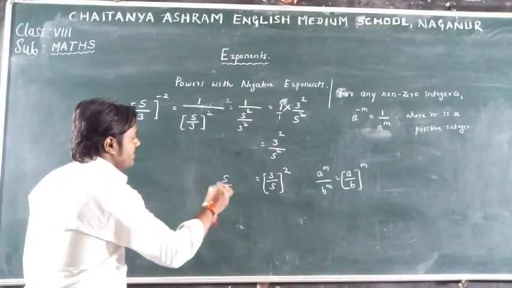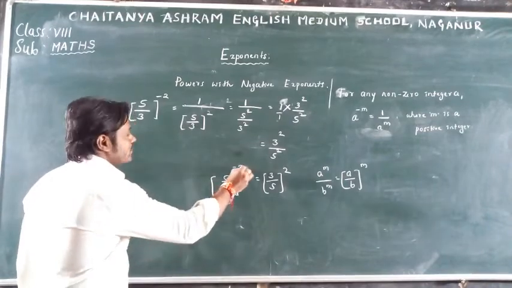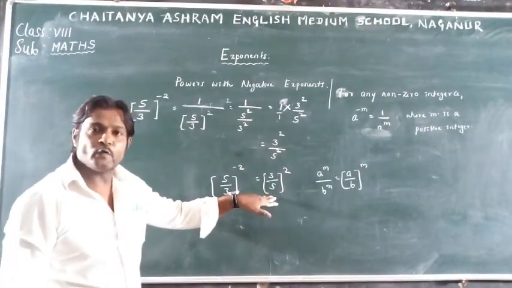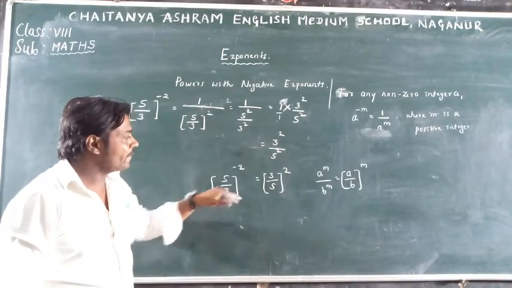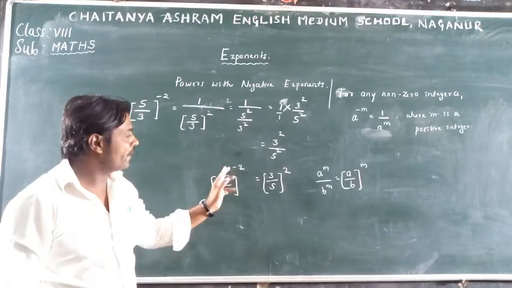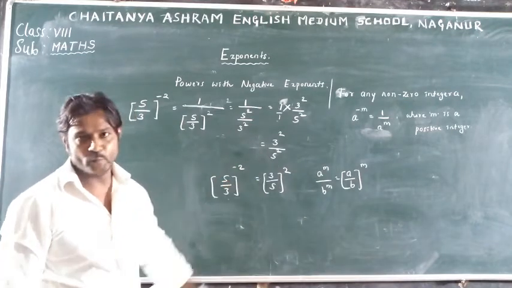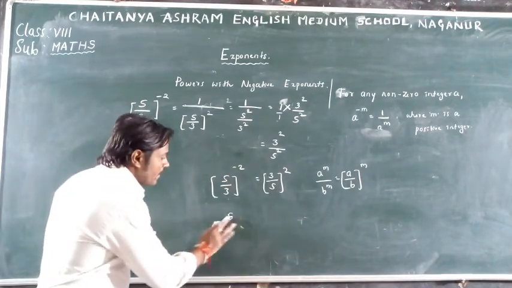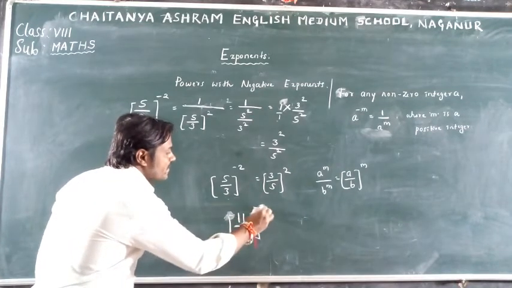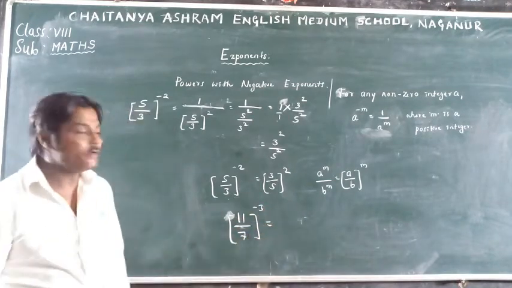5 by 3 raised to the power minus 2. Observe negative exponents, its positive exponent. 5 by 3 gets interchanged. 3 by 5, minus 2 becomes plus 2. Just tell me, 11 divided by 7 raised to the power minus 3. What is its positive exponent?